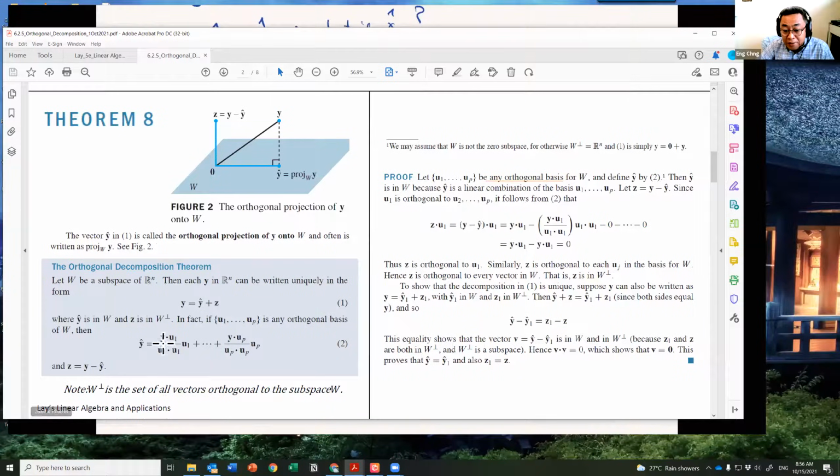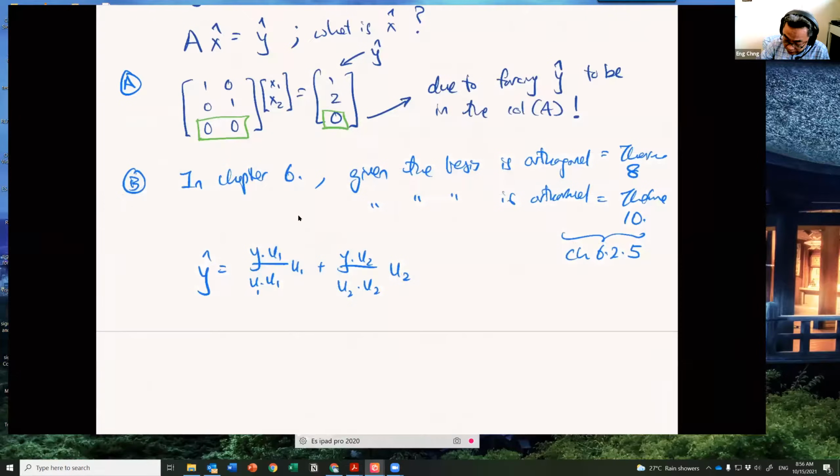In our example, I only have Y onto U1 and Y onto U2. Okay, so this is the equation. Now, let's identify this on top here. This guy is U1 and this guy is U2. This guy is our Y. So let's, by brute force, make this happen.